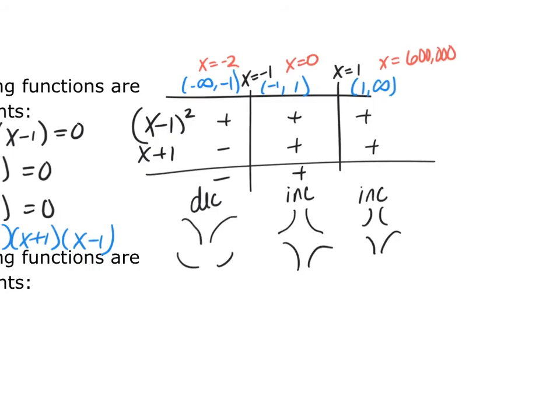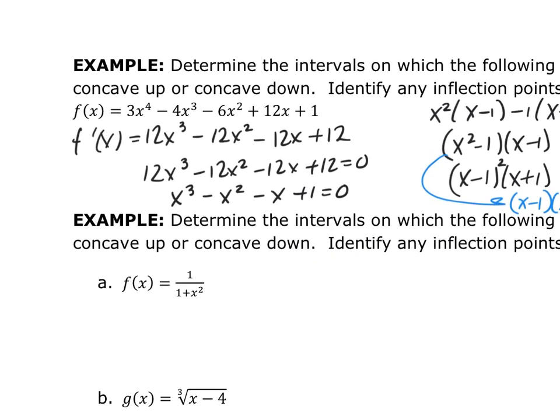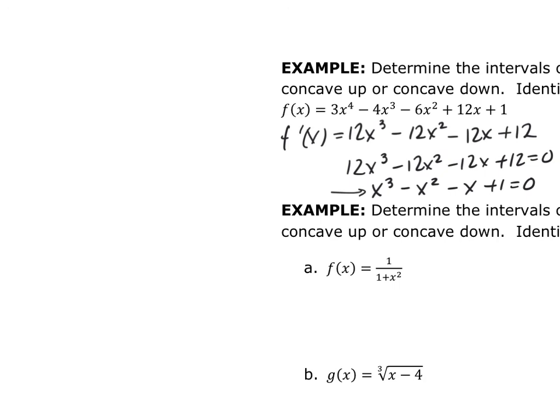So let's go ahead and do the second derivative. Is it okay if I divide everything by 12 and do the second derivative of that? Because it's just a constant, right? You're all okay with that? So let's do the second derivative. You all do the second derivative of that, please, and then tell me what you get.